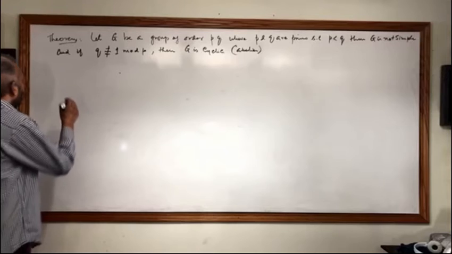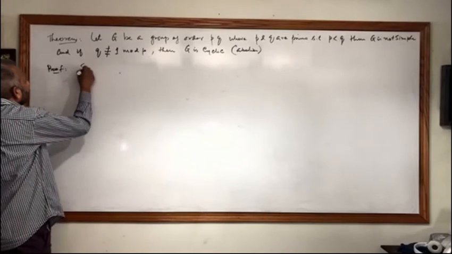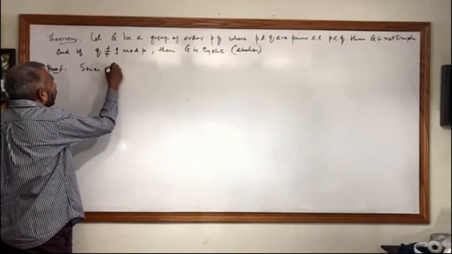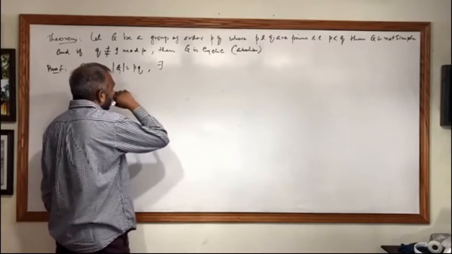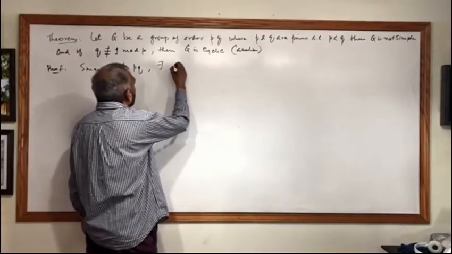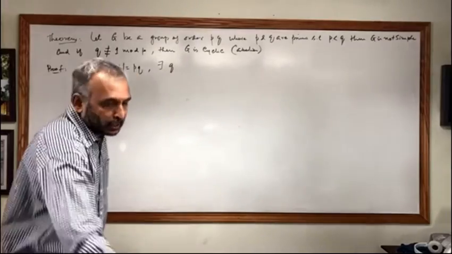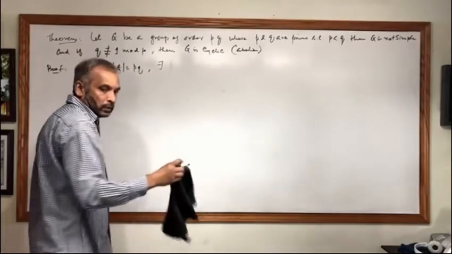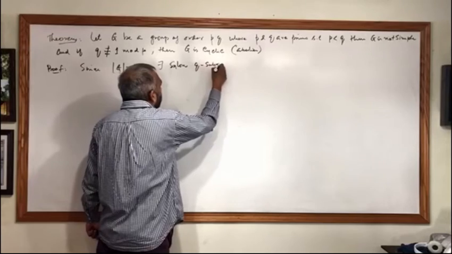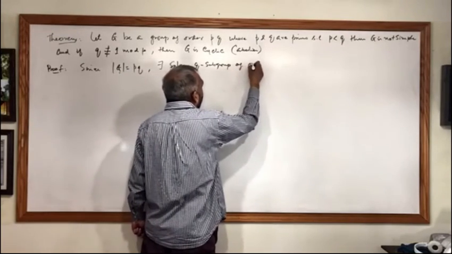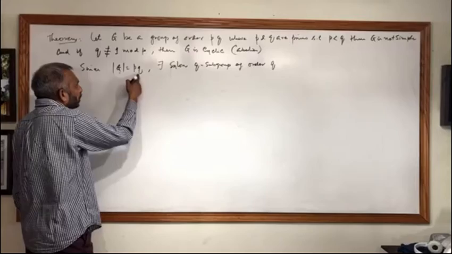Proof is not very complicated. Since the order of G is equal to PQ, there exists a Sylow Q subgroup of order Q, because the maximum power of Q is 1.